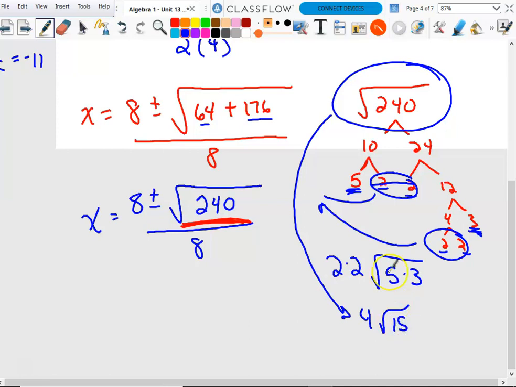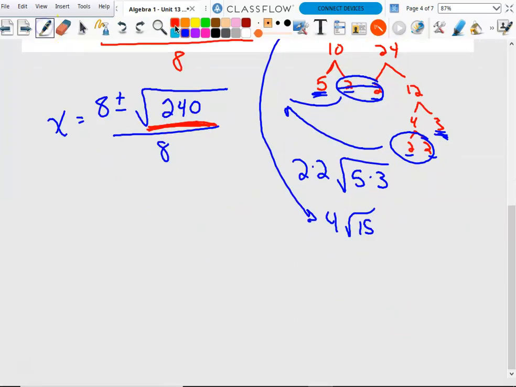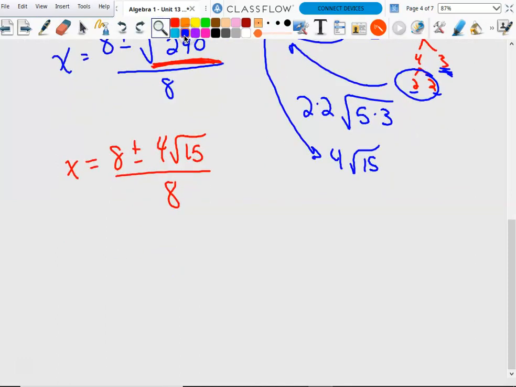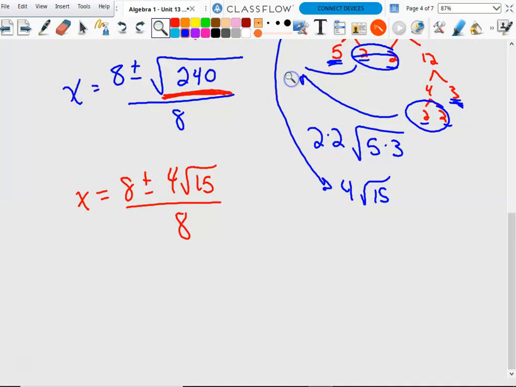So now, rewrite 8 plus or minus 4 root 15 over 8. Now see if there's any reducing you can do. Reducing is different than simplifying the radical.